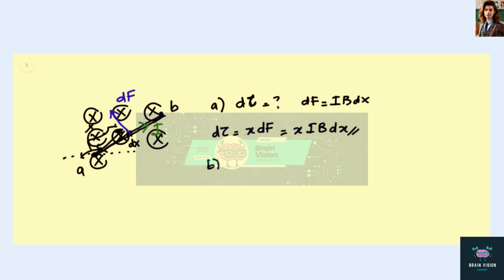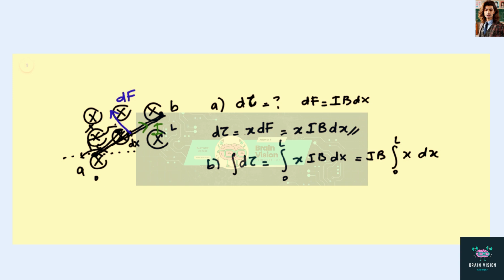Now in part B, they want us to take the integral in order to get the torque. So we take the integral of both sides. Our x is from 0 to L because the total length of the wire is given to us as L. So 0 to L, x I B dx. Now, I and B are independent of x, so we have the integral from 0 to L of x dx.